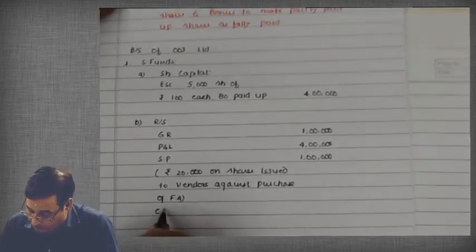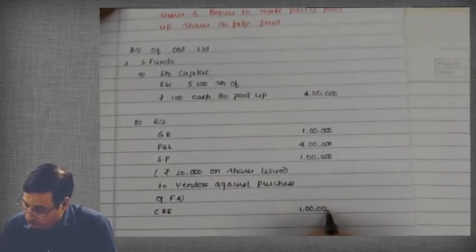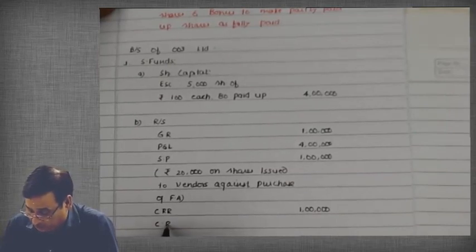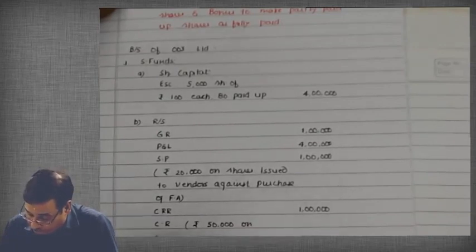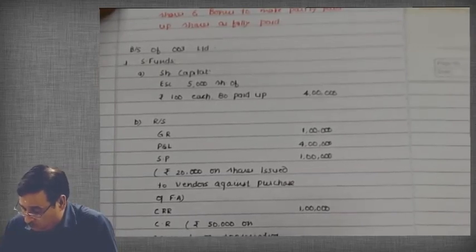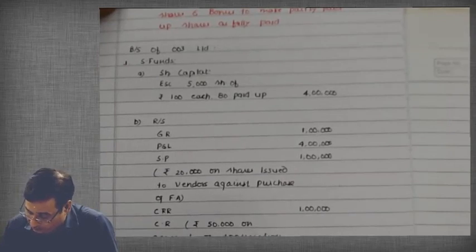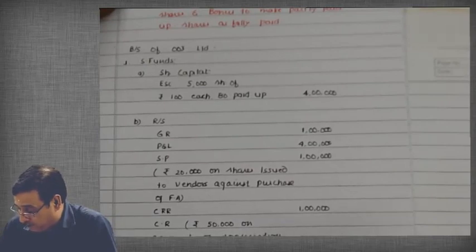Then capital redemption reserve 1 lakh. Then capital reserve rupees 50,000 on account of appreciation in land and building, and in the outer column let us say it is 1 lakh.